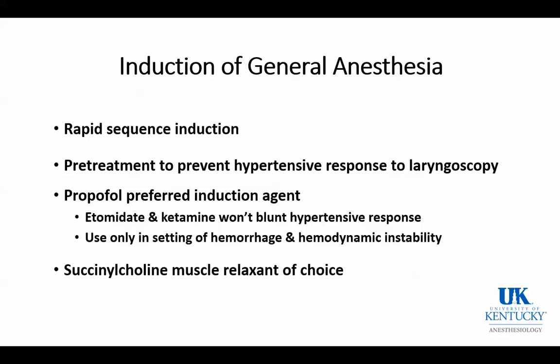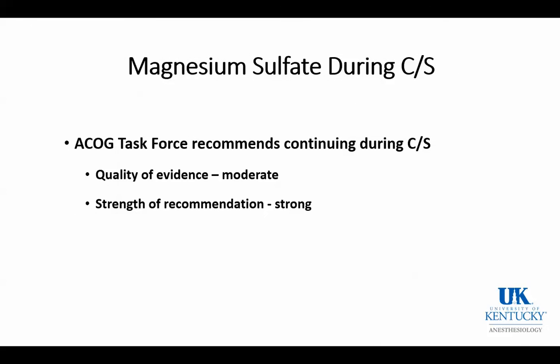So the only time in a preeclamptic patient undergoing general anesthesia that I would use either of those drugs would be if she's not only preeclamptic, but maybe has had a major abruption and she's hemorrhaging and hypotensive as a result of her blood loss. Otherwise, I would use propofol. Succinylcholine is going to be my muscle relaxant of choice.